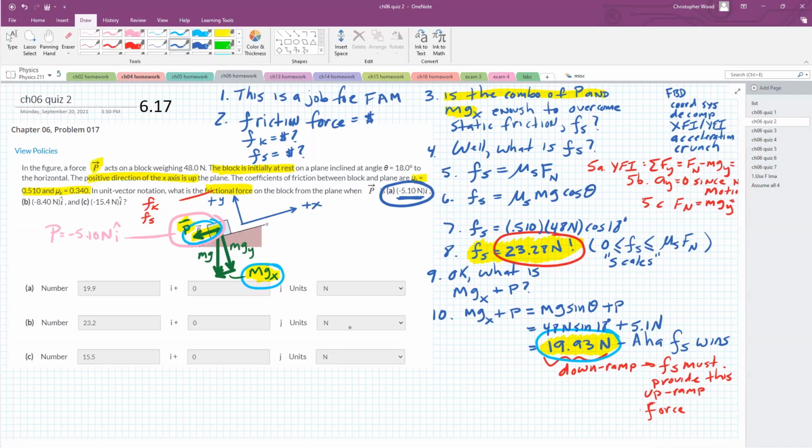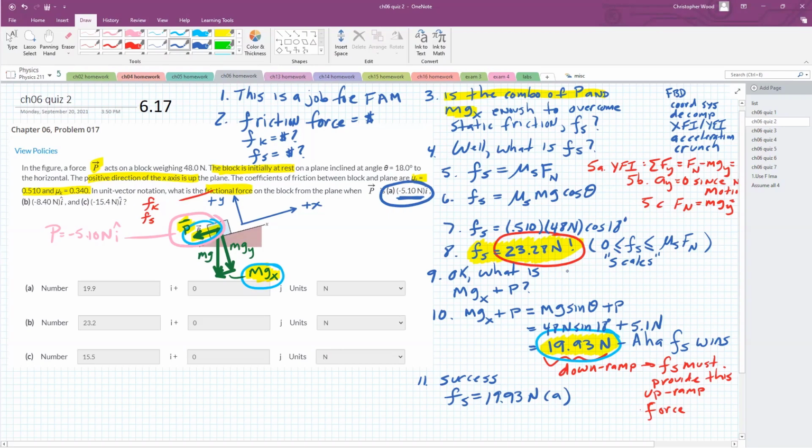So, number 11. Okay. Success. F sub S in this case equals 19.93 newtons. That's the answer to part A. And again, just so I'm not being confusing, I mean to say static friction can grow to be as great as 23.28 newtons.